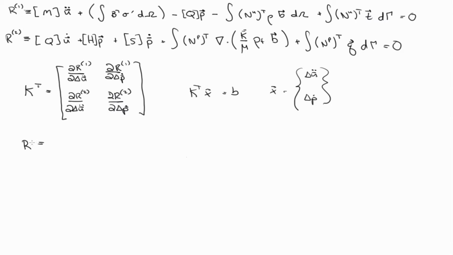If I just say that the residual R is R1 plus R2, and then X is whatever it is, depending on your choice: UX at node 1, UY at node 1, P at node 1, up to UX at node N, UY at node N, P at node N. And if you followed my example in that degree of freedom map thing, this is the structure we had, right?